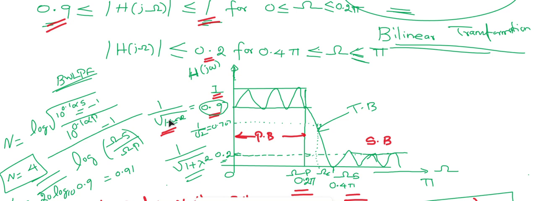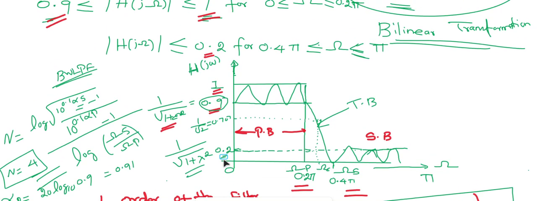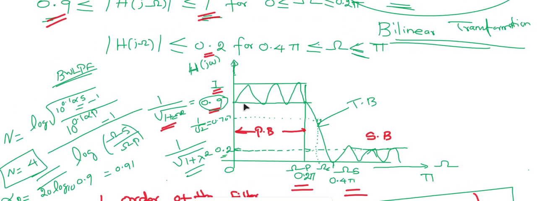The pass band ripple is 1 by square root of 1 plus epsilon squared, equal to 0.9, and the stop band ripple is 1 by square root of 1 plus lambda squared, equal to 0.2. So from the given specification, first draw the frequency response and specify all the parameters.